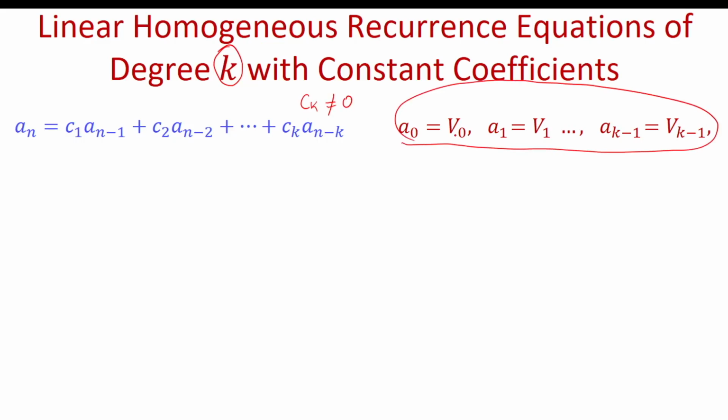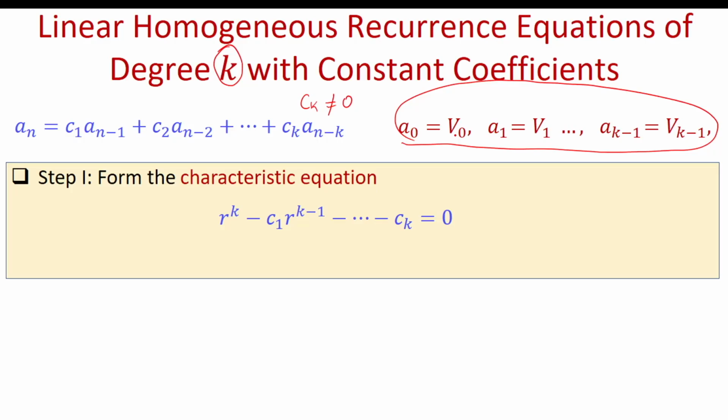If you are not given the initial conditions, then you will stop with showing the closed form formula for the nth term in terms of some arbitrary constants. Those constants you can put as any constant. But if you are given the initial conditions as well, then you can solve and find out those concrete constants.